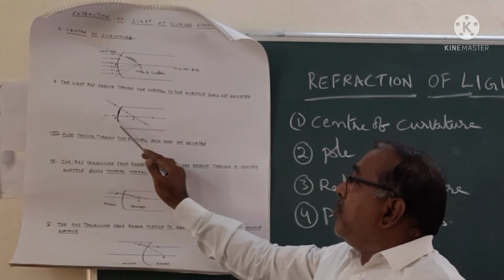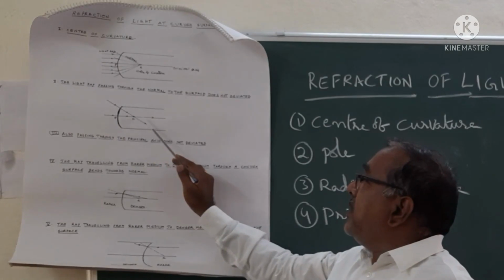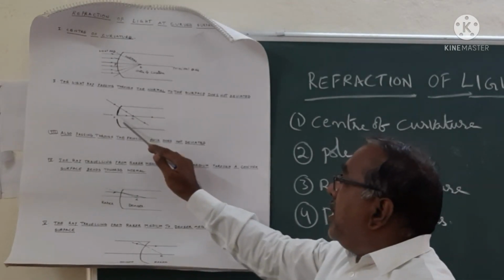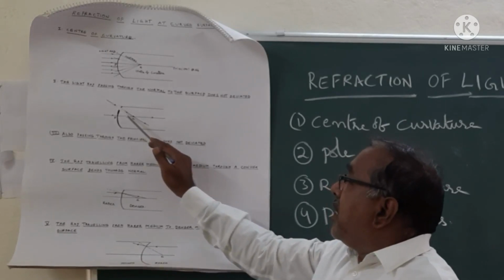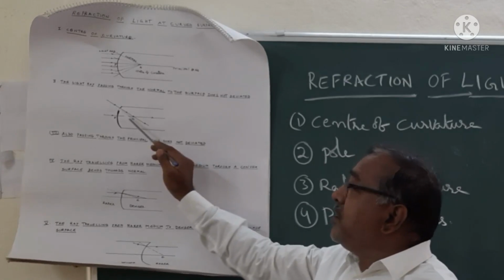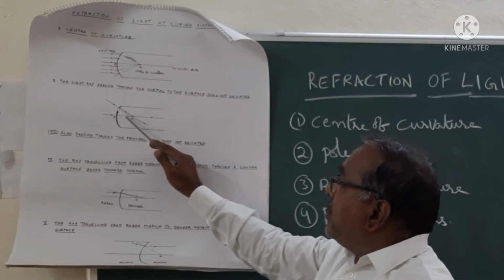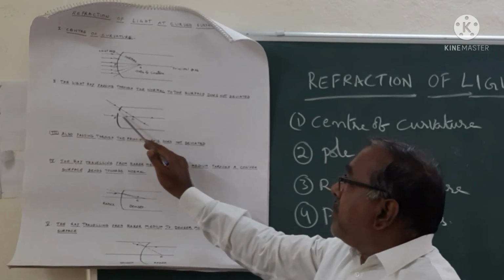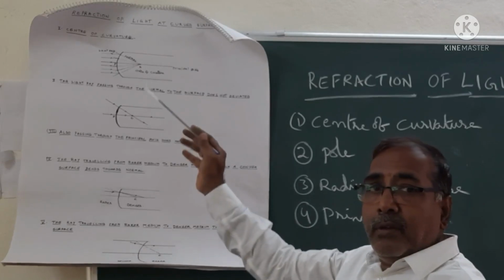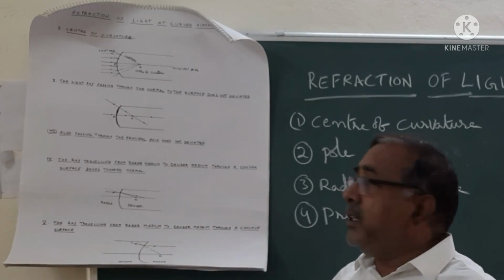The ray passing through the pole and center of curvature is called principal axis. It is a normal connecting center of curvature to the interface line. So a light ray passing through the normal is undeviated here. It will pass through the center of curvature without any deviation.